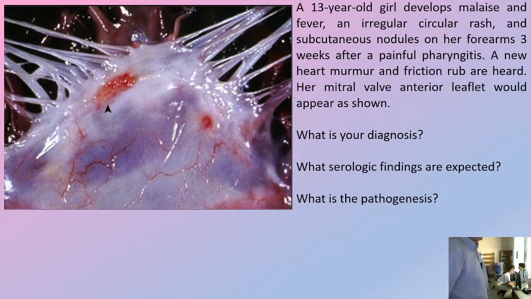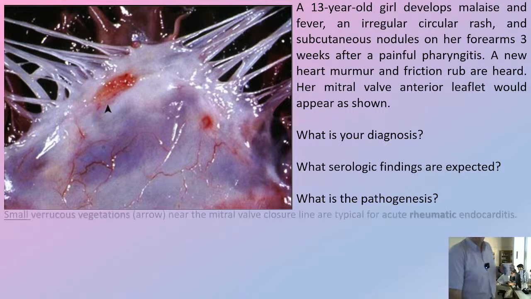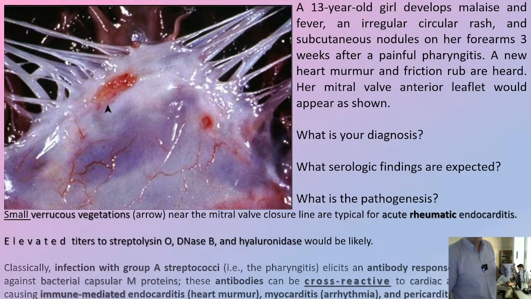So, since we have a pharyngitis, which is the infectious agent most probably causing the pharyngitis? Yes? A bacterium, and most commonly among bacteria, Streptococcus. That's right. And this causes a sensitization. You see, infection with group A Streptococci.